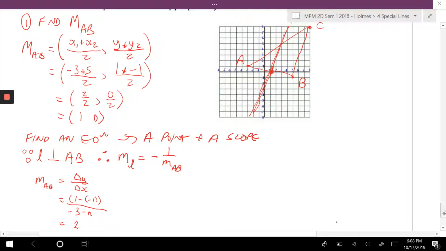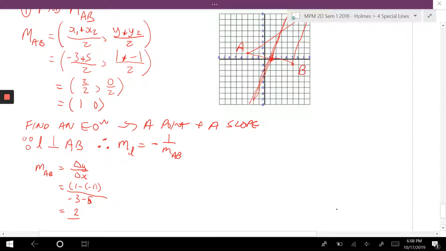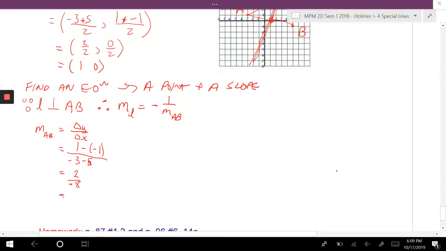Then -3 subtract 5 is -8. So the slope is 2 over -8, which reduces to -1/4. Therefore, since that's my negative reciprocal, the slope of my line is going to be positive 4.